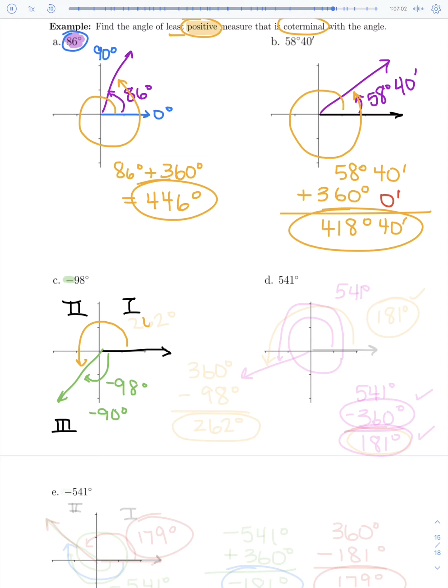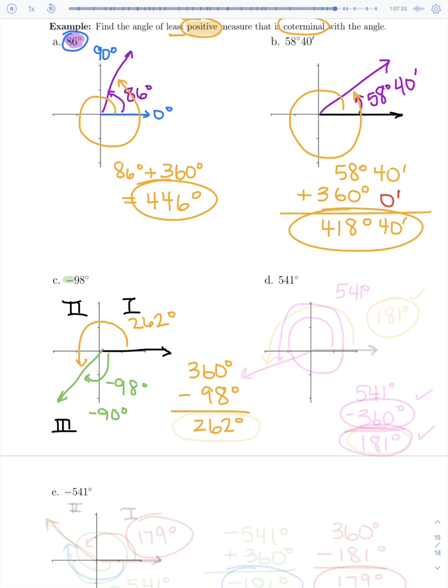So how do I figure out what that angle is? Well, notice that these two angles together actually make up a circle. So if I take a circle, 360 degrees, and take away the angle I've already used, which is the 98 degrees, together it should be the full circle, which would give us, let's see, 262 degrees as my, again, it should be a positive angle because it's going counterclockwise.